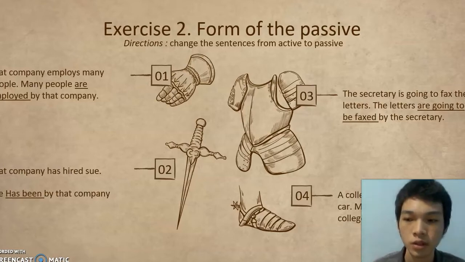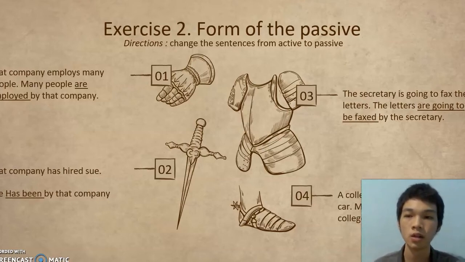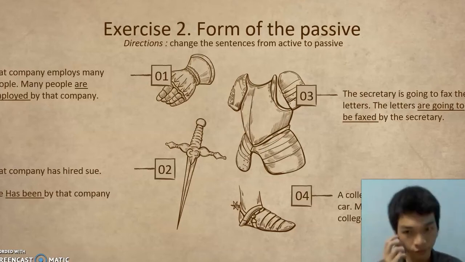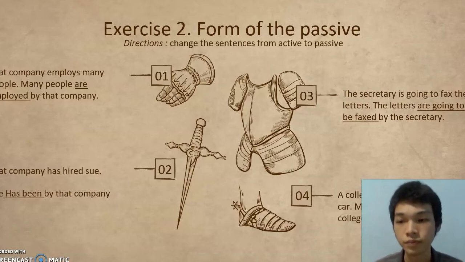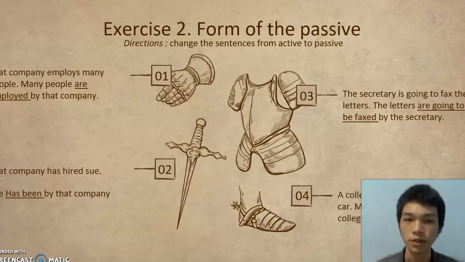For the be, it depends on the given sentence. For example, if it gives "The company employs many people," you use the be "are." For number 2, it already has "has" in the sentence, and you just change it to the past, so it becomes "has been."